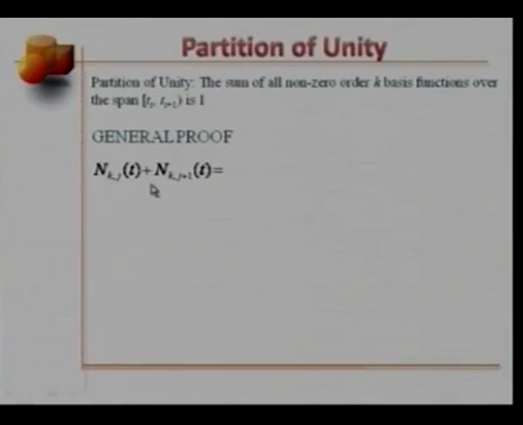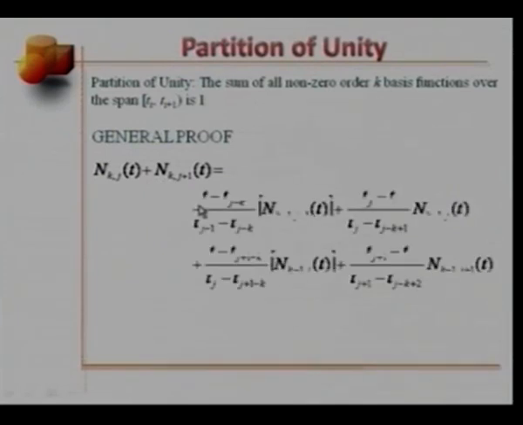So N sub k sub j of t plus N sub k sub j plus 1 of t is equal to t minus t j minus k over t j minus 1 minus t j minus k times N k minus 1 j minus 1 of t plus t j minus t over t j minus t j minus k plus 1 times N k minus 1 j of t. This is the recursion relation corresponding to N k j.